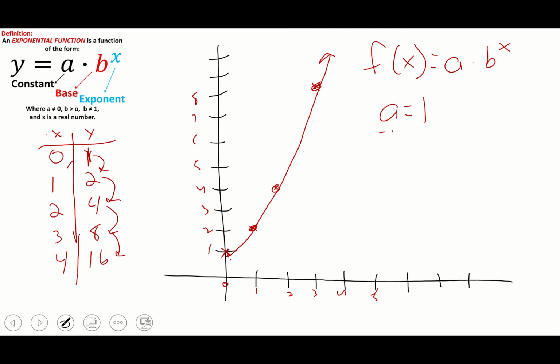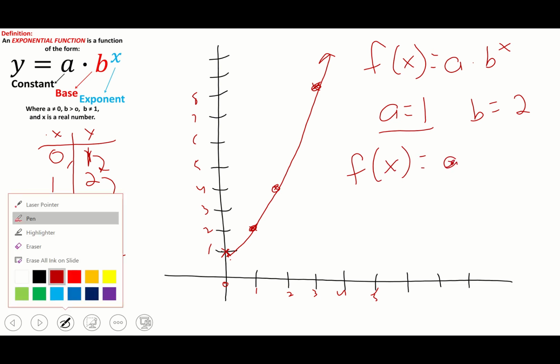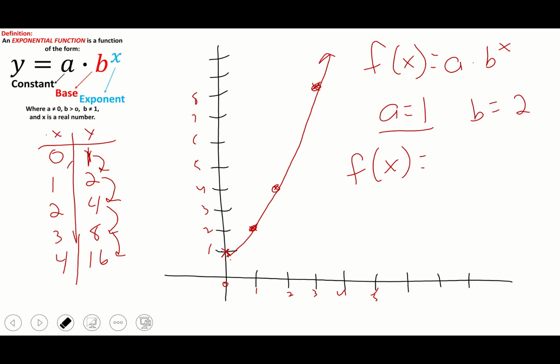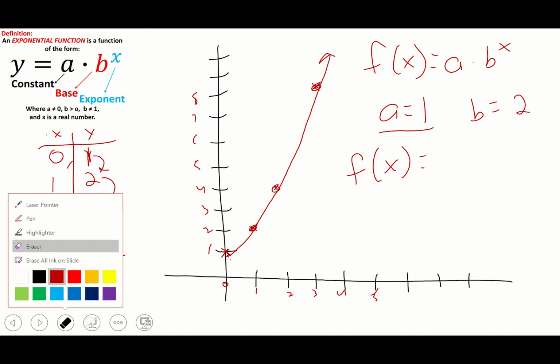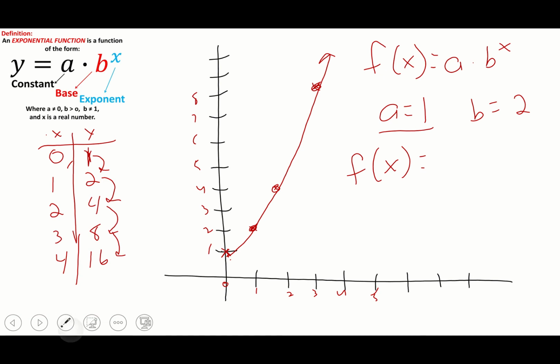Your initial value, a, when x is 0, is 1. Now your change, as we said, is the numbers are doubling. They're multiplying by 2. So f of x is equal to 1 times 2 to the x, or simply f of x is equal to 2 to the x.